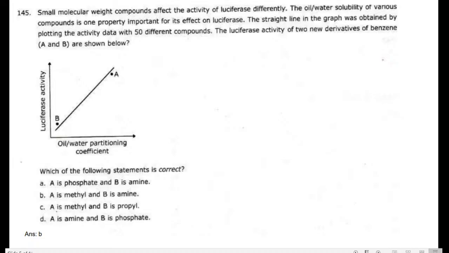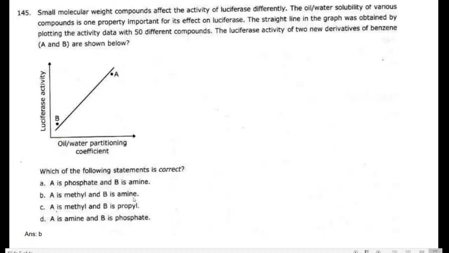The normal standard polarity index is 0 to 9. The polarity of benzene is 0. When they add the methyl group, the polarity of that benzene molecule becomes high, maybe 5 or 4.